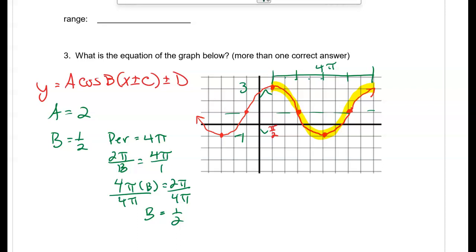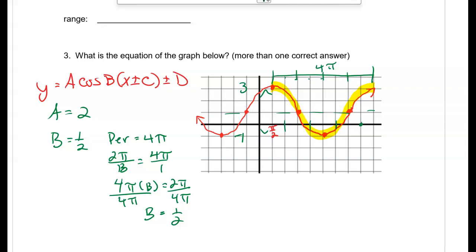So think about this for a moment. If I was graphing this, my original amplitude is 2, my B is 1/2, so the period's 4 pi. If I was really graphing this originally, here's pi, 2 pi, 3 pi, 4 pi.